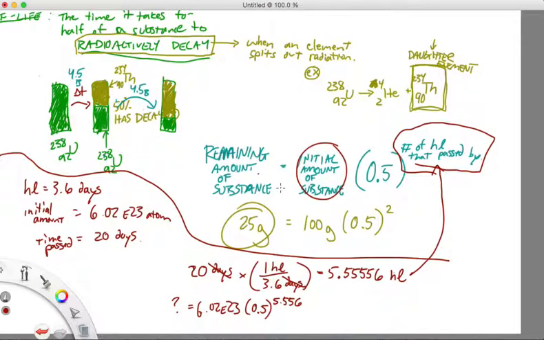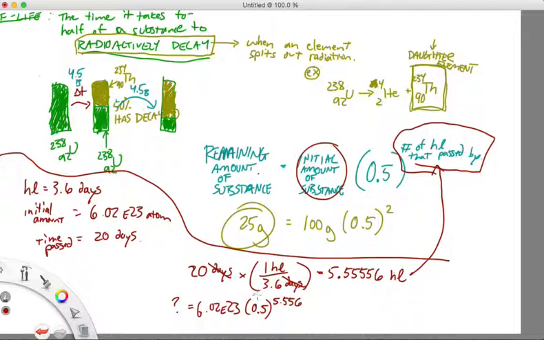If I put this into my calculator, I'm going to do a two-step calculation. I'm going to do 0.5 raised, using the caret, to the 5.5556. I get an answer of 0.02126 something. I'm going to take that answer and multiply it by 6.02e23.